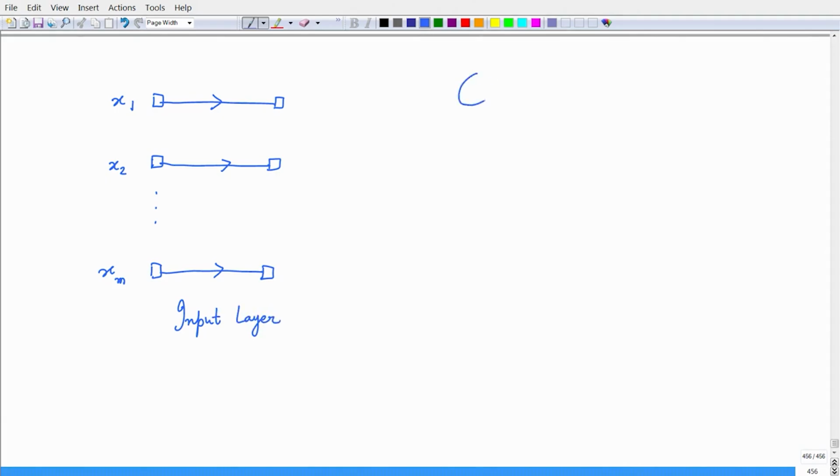Then I have my hidden units comprising of Green's functions. So, I put an edge connecting all my inputs.